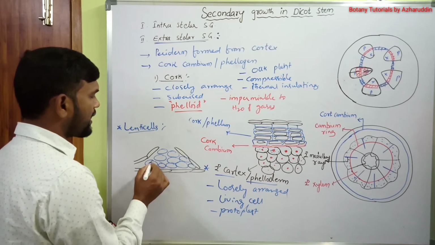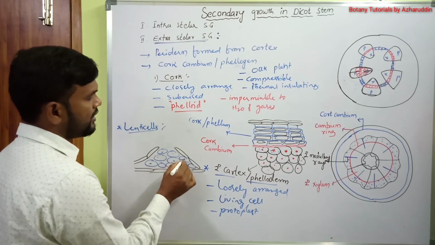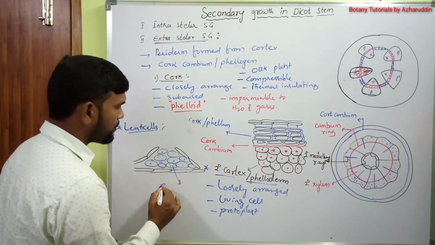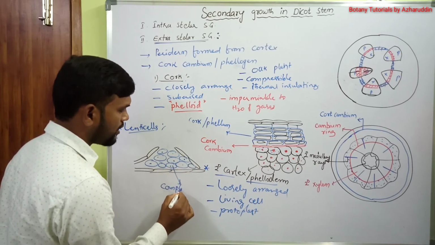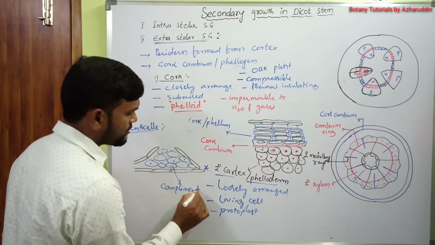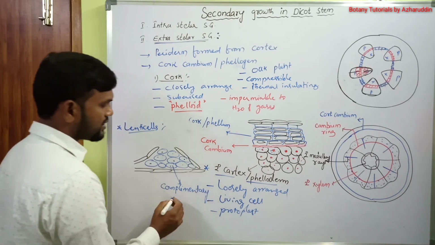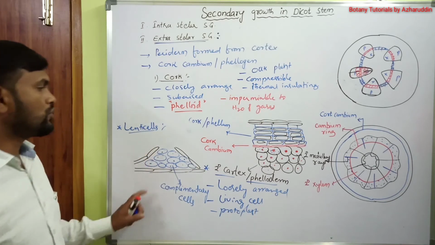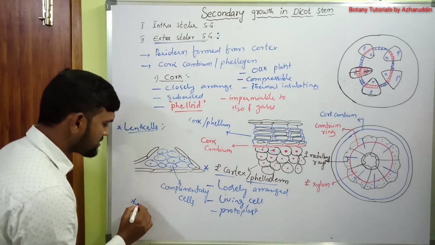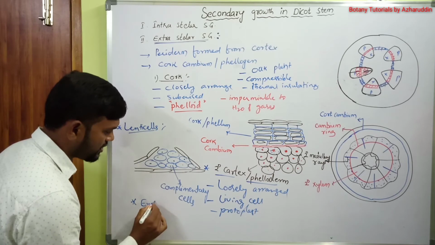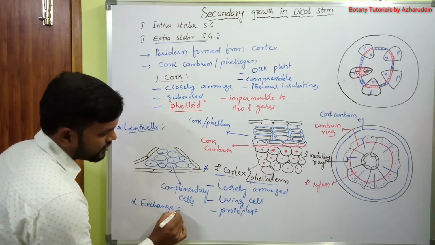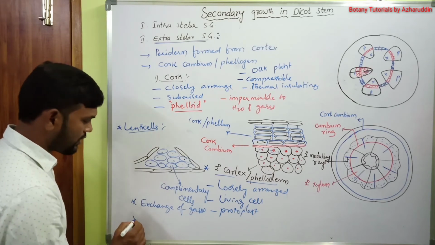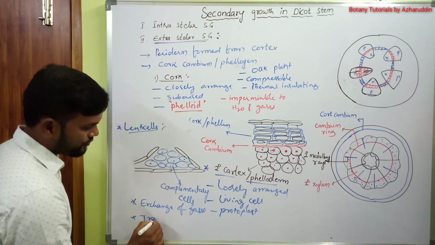They are parenchymatous living cells, called complementary cells. Lenticels are useful in gaseous exchange and also in transpiration.